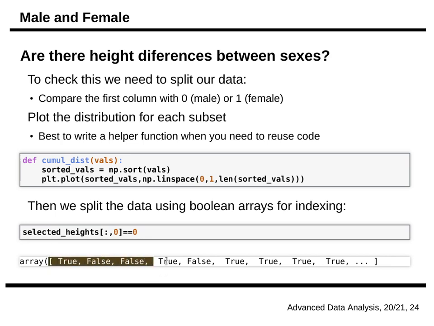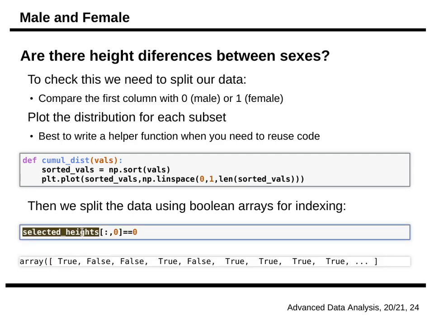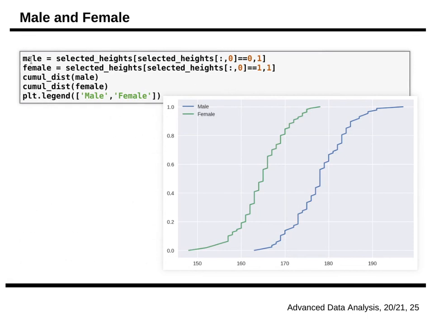And we can use this array to index the rows of this matrix. So to split our data, we can do something like this. The male participants are, from our matrix, those in the rows where the first column of our matrix is equal to 0.